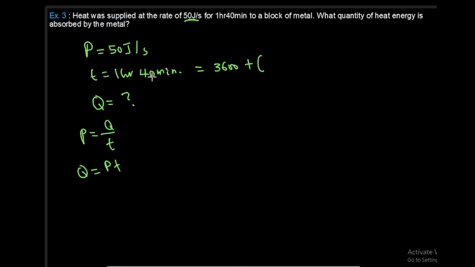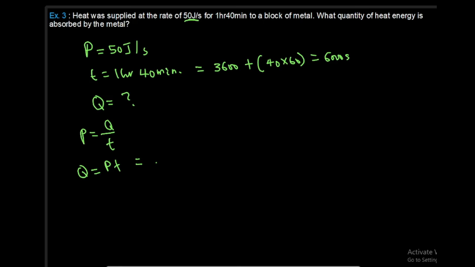To convert 40 minutes to seconds, you just multiply by 60. So you have 40 times 60, and we have the total here to be 6,000 seconds.